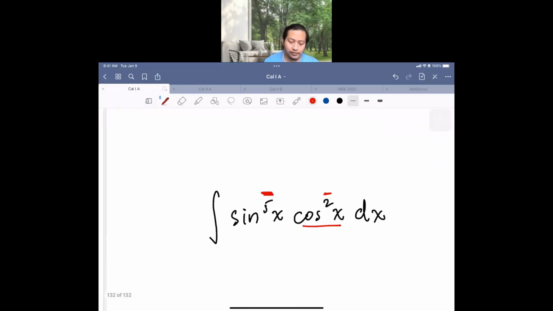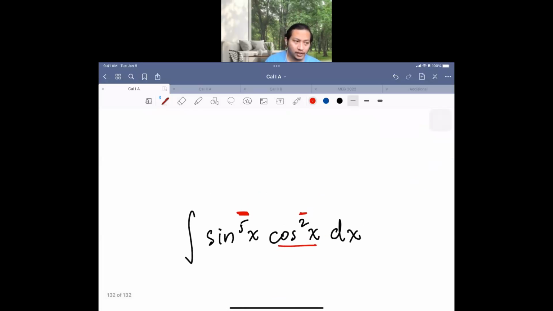So for example, let's just separate this to become this, right? We can also make it clear that sine with power of 4 is sine squared x, and then squared, and then sine x. And I think you see where it is going now.